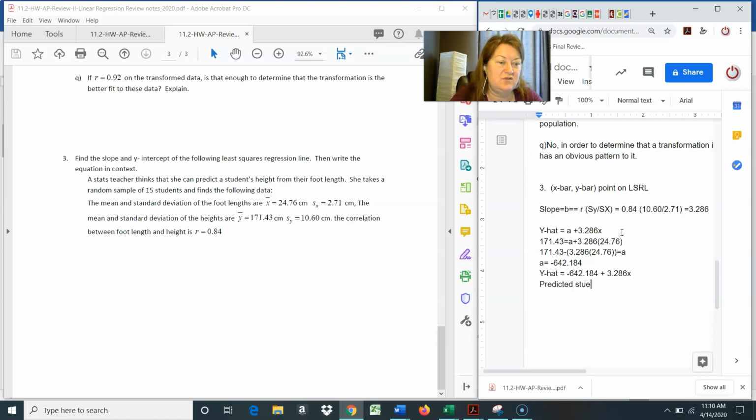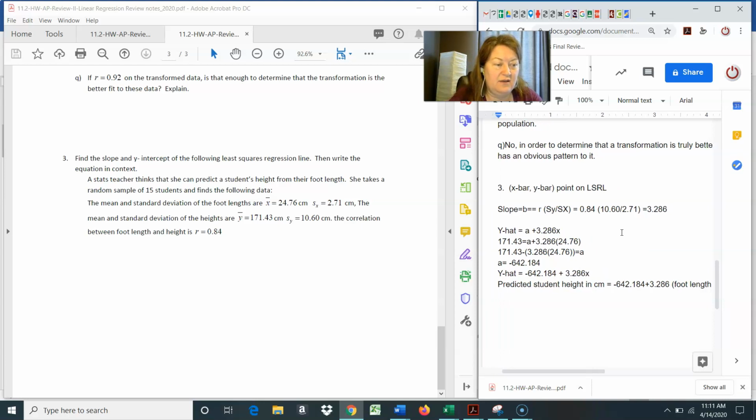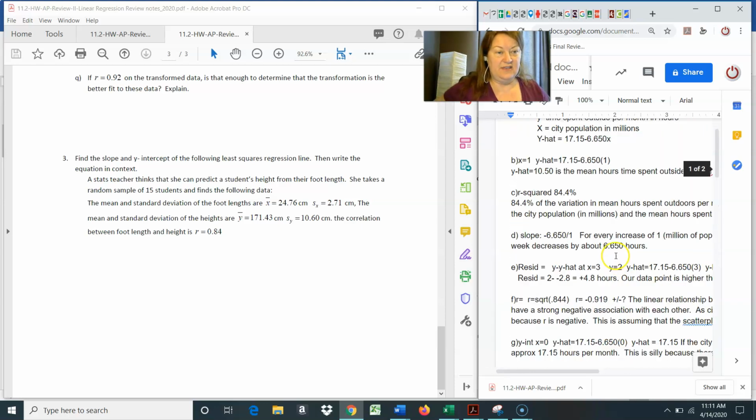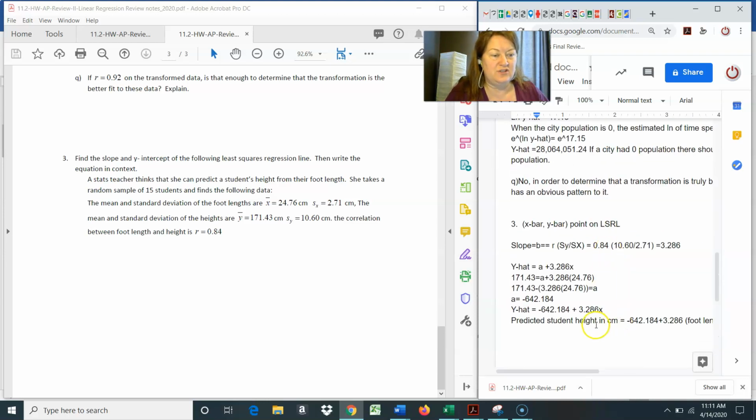So the predicted student height, in centimeters, is equal to negative 642.184 plus 3.286 times the foot length in centimeters. So my choices are, at the beginning of this entire thing, I just said what y and x were up here. And down here, I showed you another way where the equation has it directly in it, saying predicted student height in centimeters equals. Cool, and I think that's all they're looking for there.